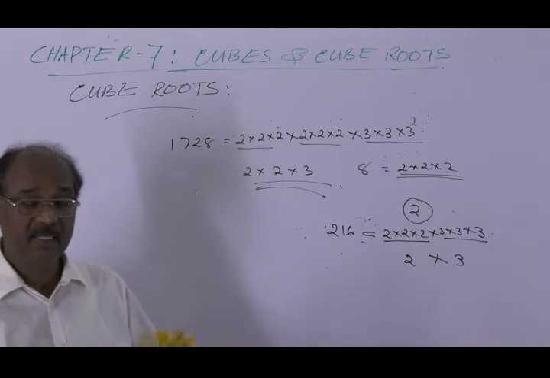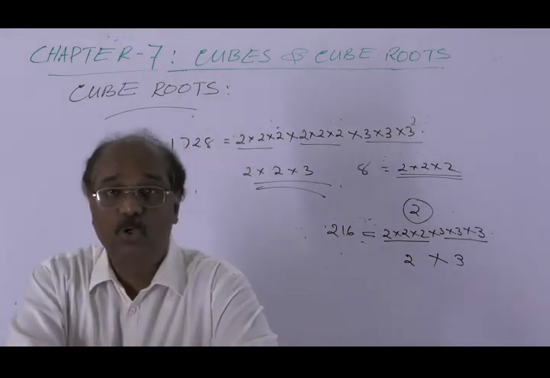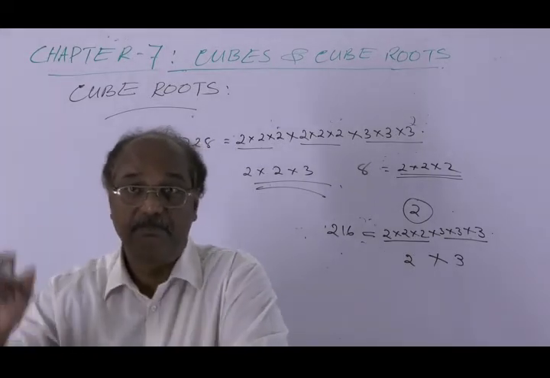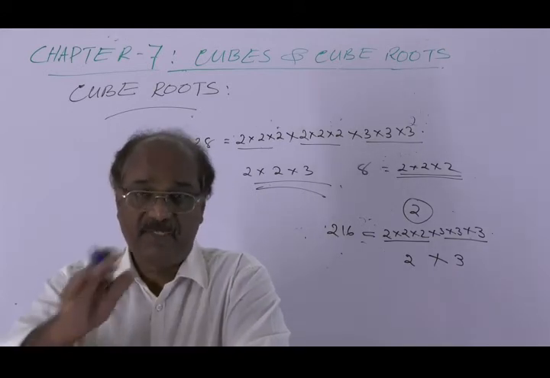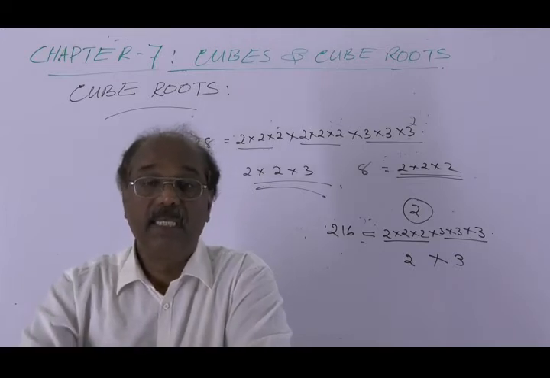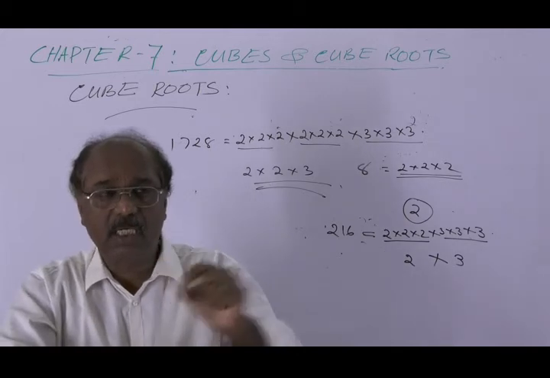So in this way we can find the cube root. That is, to find the cube root of a number, find it this way. First factorize the given number into prime factors. In the prime factorization, each prime factor will occur in triples.